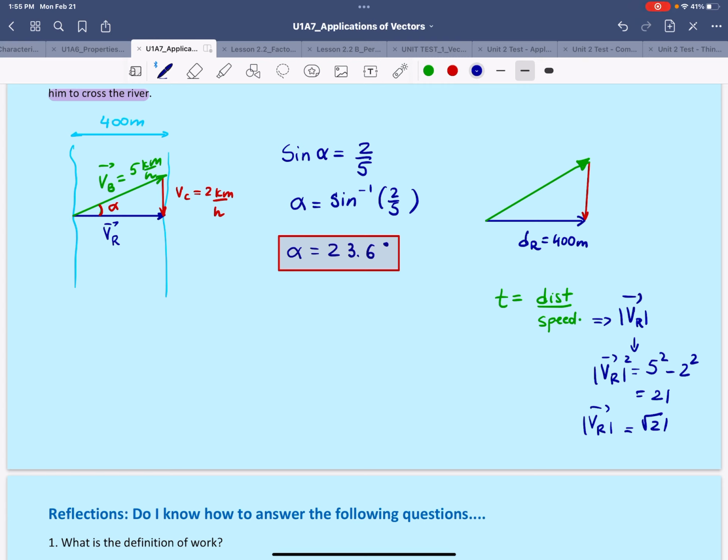Now remember that this would be in kilometers per hour. So when we try to find the time using this velocity, we need to convert the distance traveled from one side of the river to the other also into kilometers.